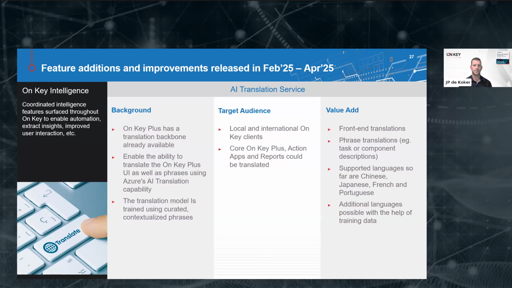So the translations will be aligned with what one would expect it to be in the target translation. The supported languages are essentially built up using existing industry knowledge and industry context, and those translations are then made directly in the OnKey user interface or the action apps, as mentioned earlier.